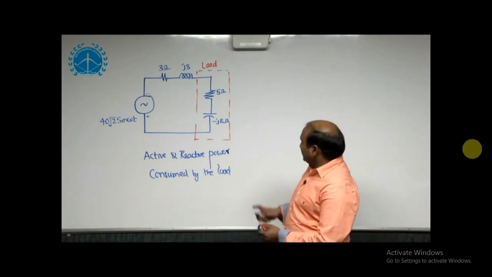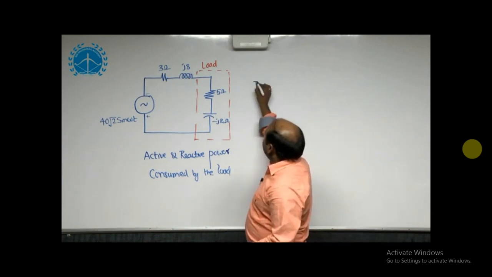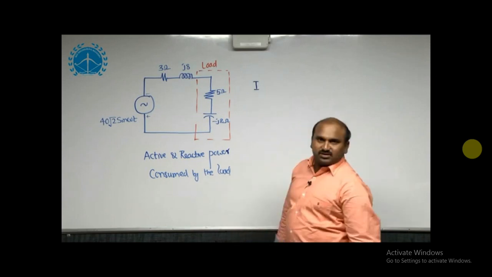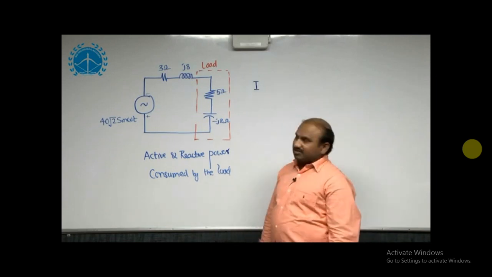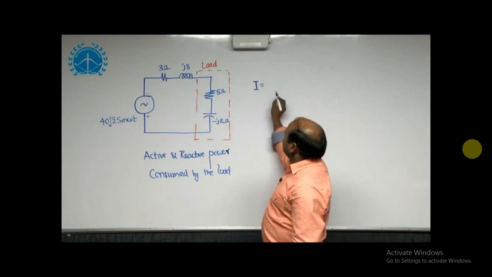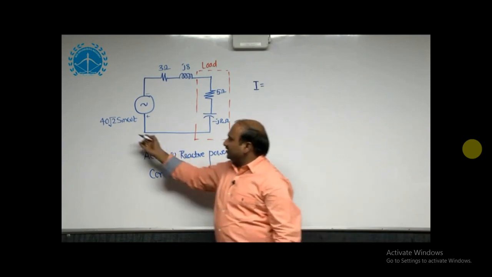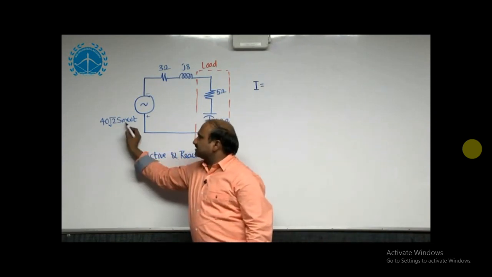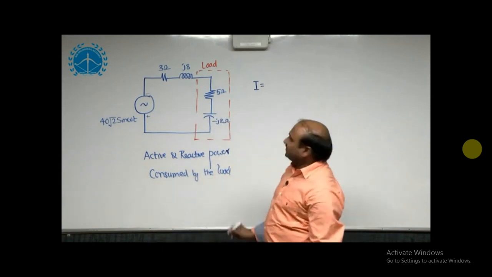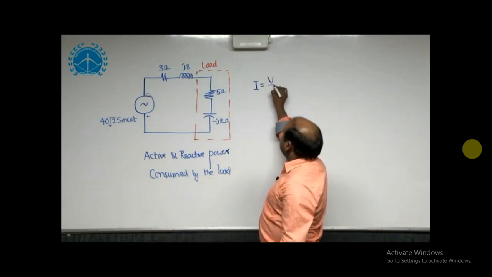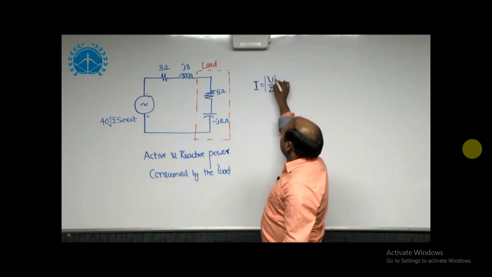Once you take the total current magnitude, I only want the magnitude. I need not go for any phasors. You need not go for any calculator part for this one. Now, once I take that total current, your applied voltage according to this Vm sin omega t is the maximum value. The applied voltage is the RMS value. That's why I can take V by Z. This Z is the total impedance.